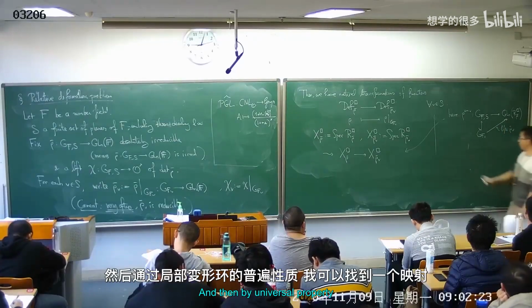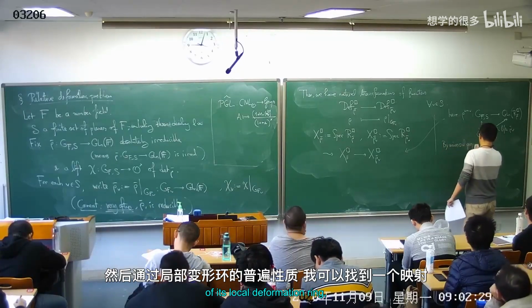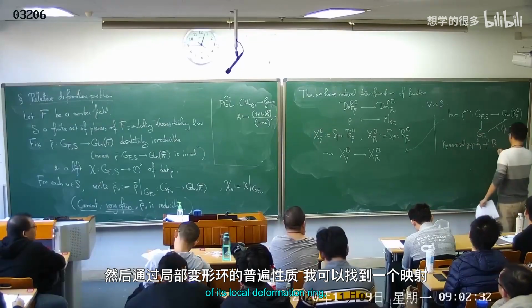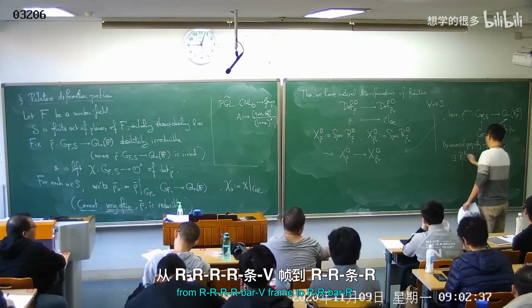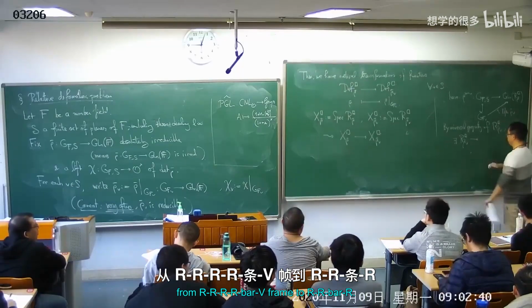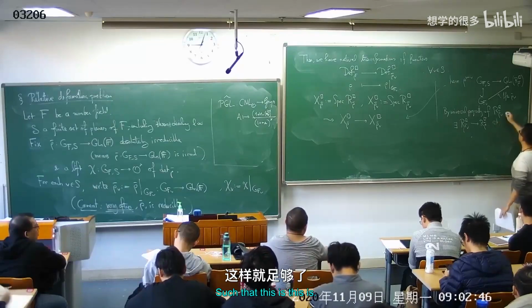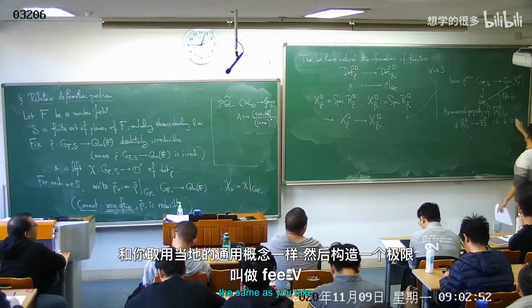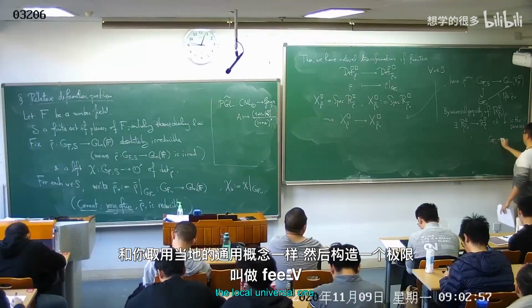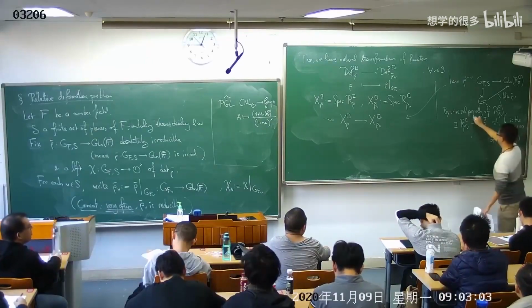So this obviously lifts rho bar V, and then by universal property of its local deformation ring, I can find a map from R rho bar V framed to R rho bar rho, such that this is the same as you take the local universal one and then compose, let me call it phi v.